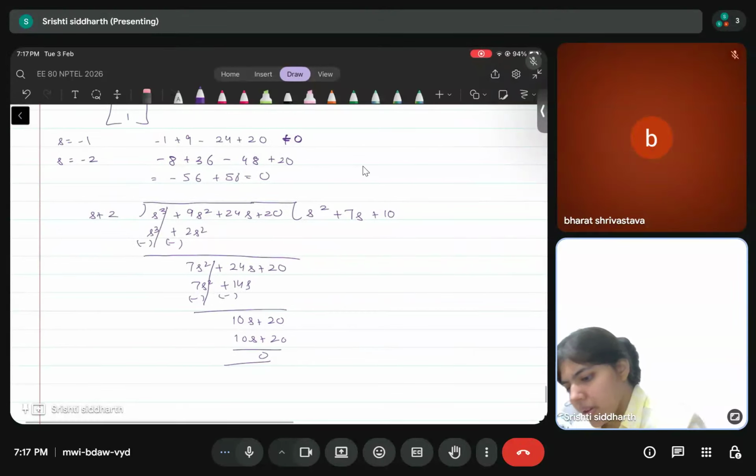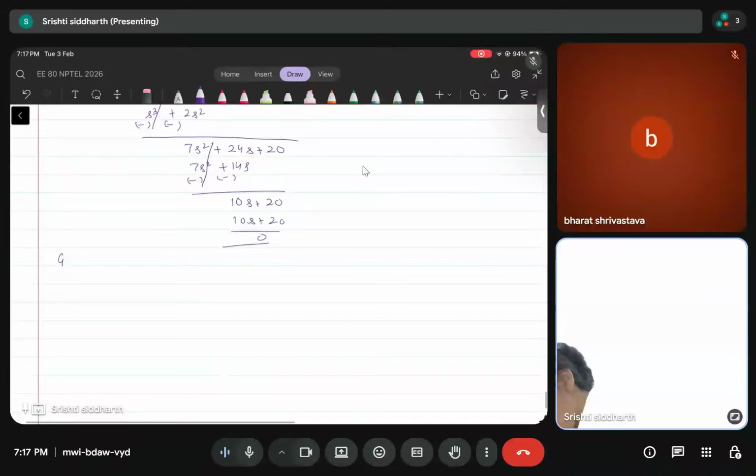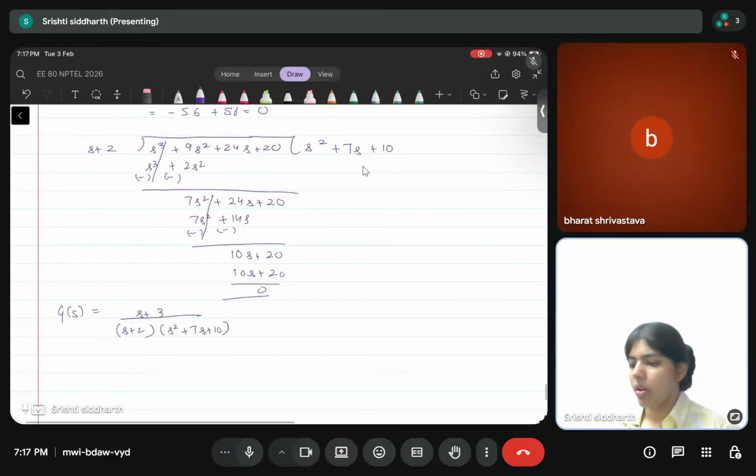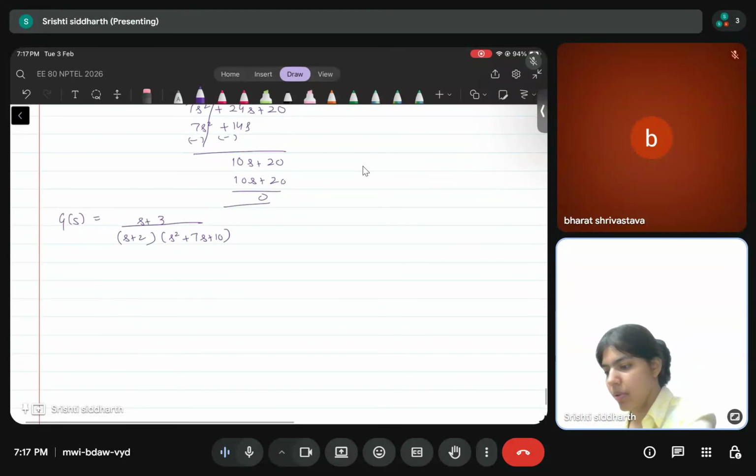Okay. So the transfer function G of S is S plus 3 over S plus 2 and S squared plus 7S plus 10. Alright, now let's simplify the second term.